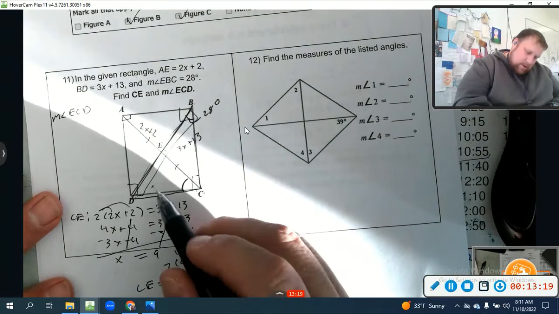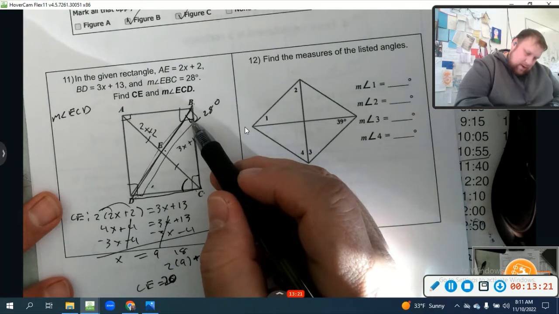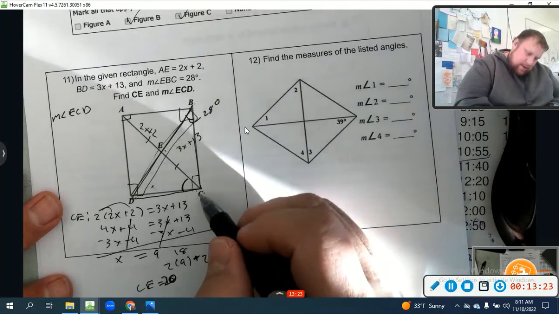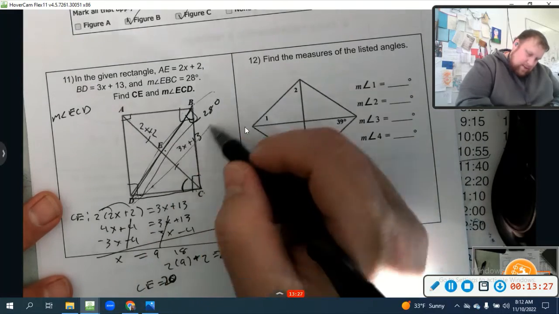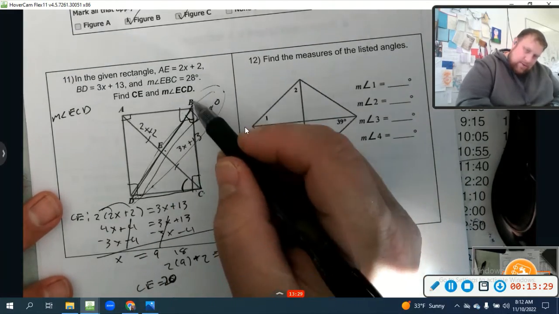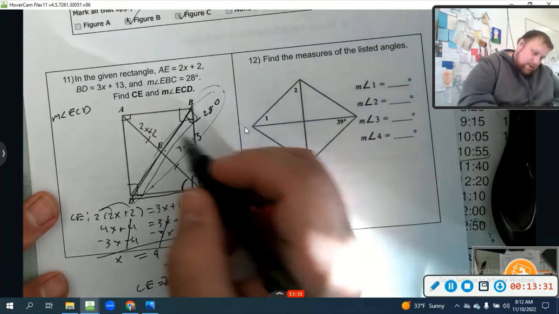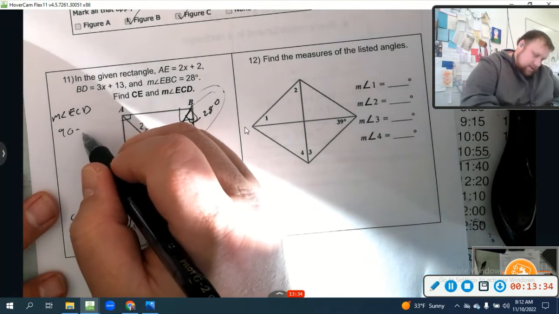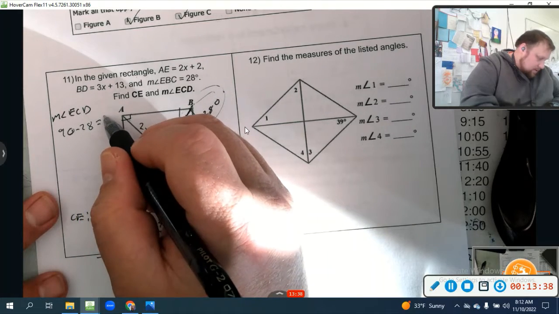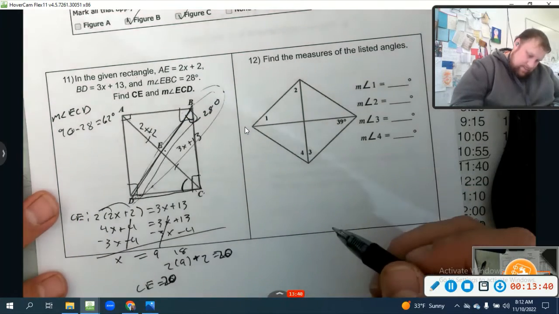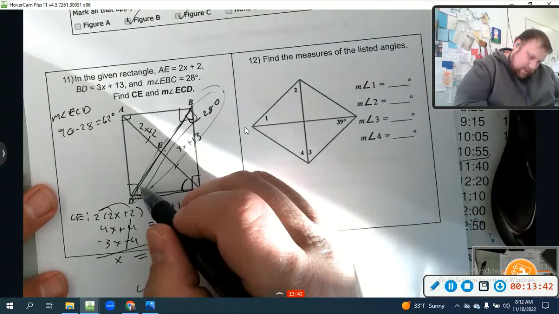If this is 28 degrees, then this is 90 degrees, which means these two add up to 90 degrees. The three angles of a triangle add up to 180 degrees. So I'm just going to say 90 minus 28 equals 62 degrees. And that would get me this angle right here.